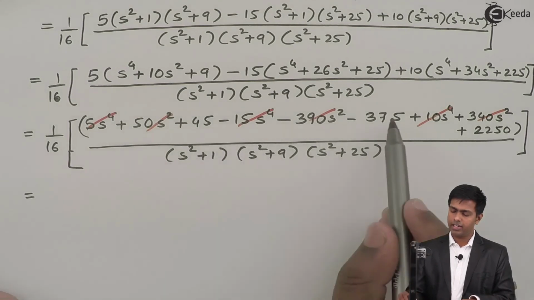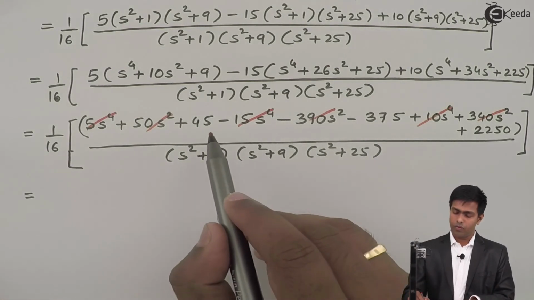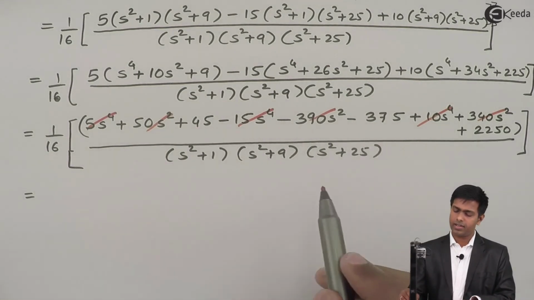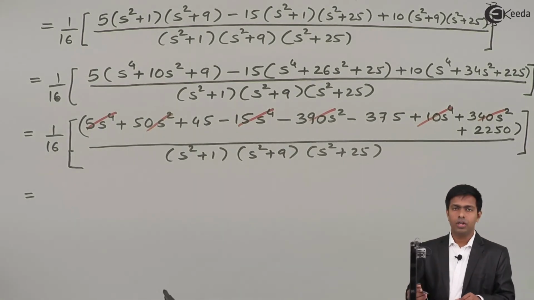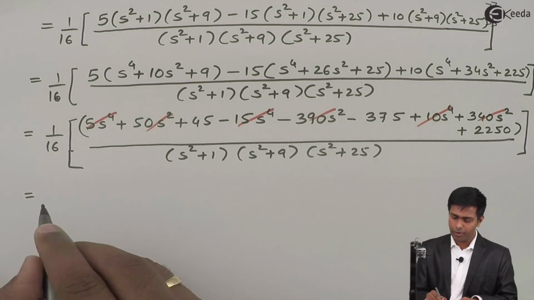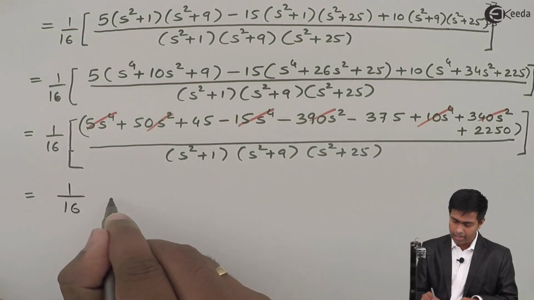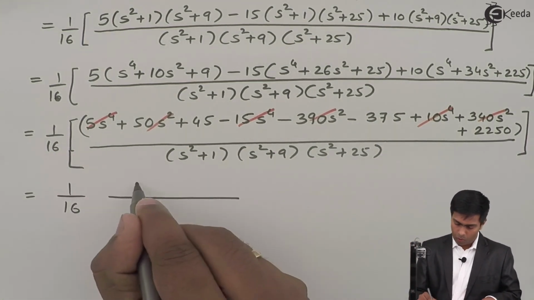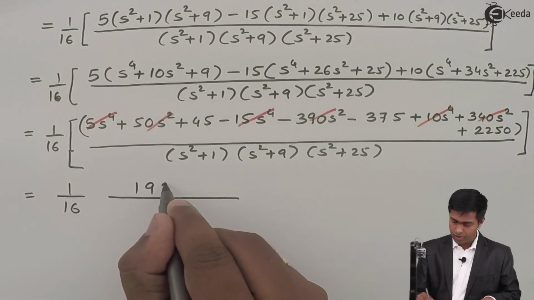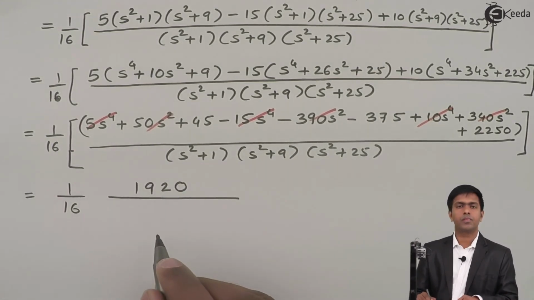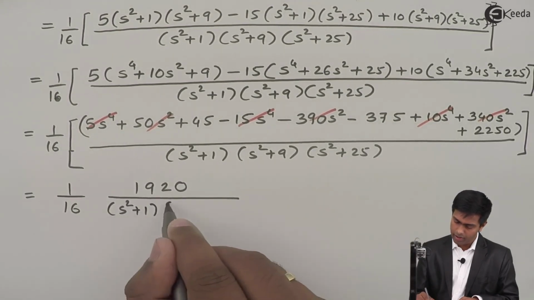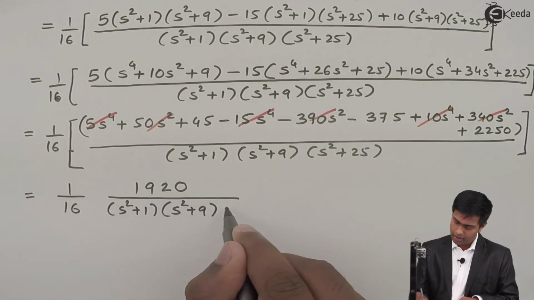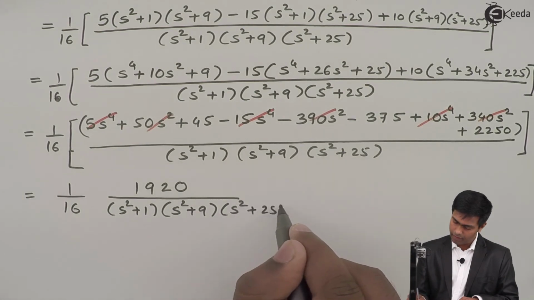So we'll do the addition in calculator. So we'll get this 45 minus 375 and plus 2250. So the addition of these three terms from calculator will get as 1920. And here we have terms s square plus 1, s square plus 9 and s square plus 25.